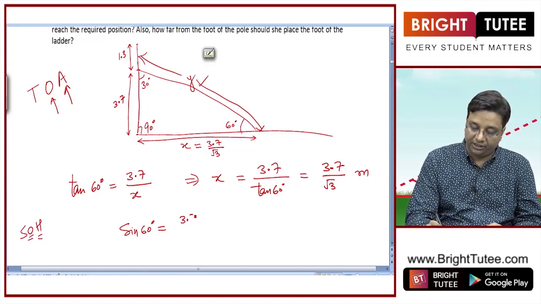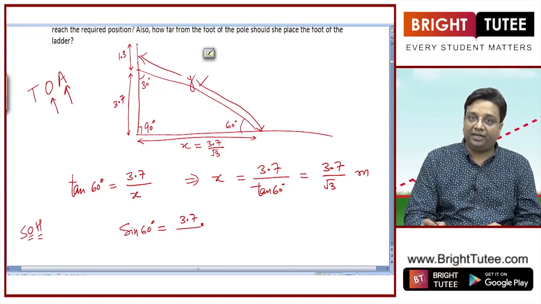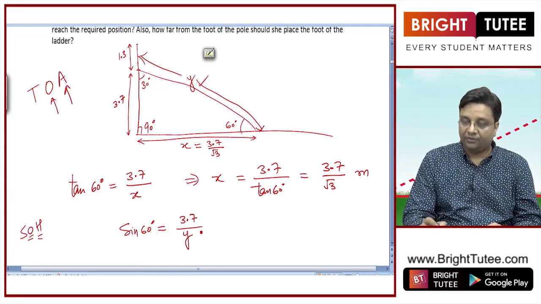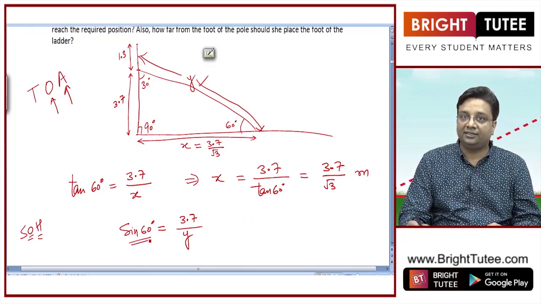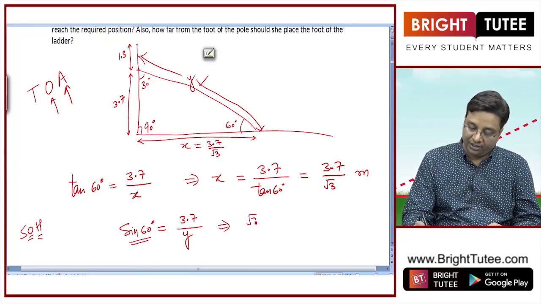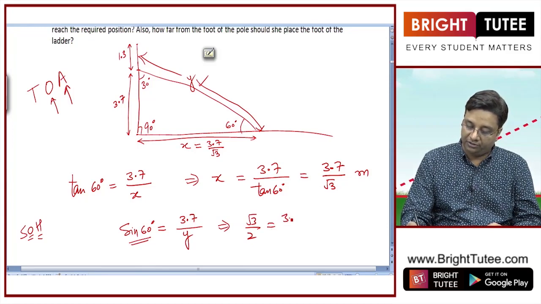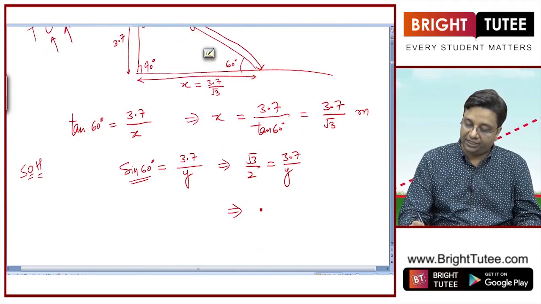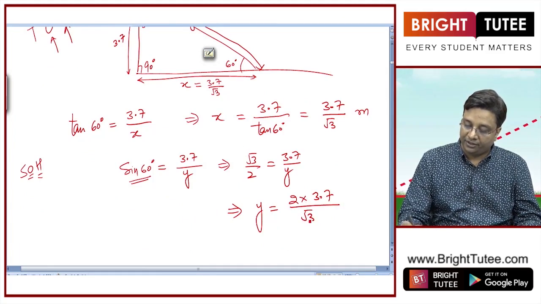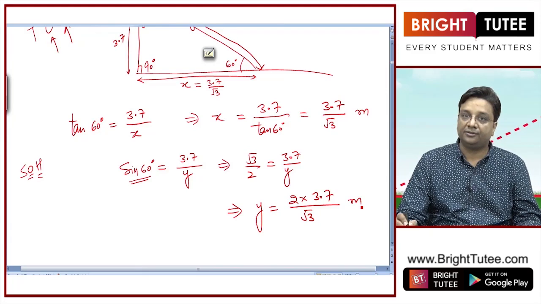It is 3.7 divided by hypotenuse, which is y, right? So how much is sine 60 degrees? Sine 60 degrees is root 3 by 2. So it is equal to 3.7 by y. Solving this, we can say that y is equal to twice of 3.7 divided by root 3 meters.